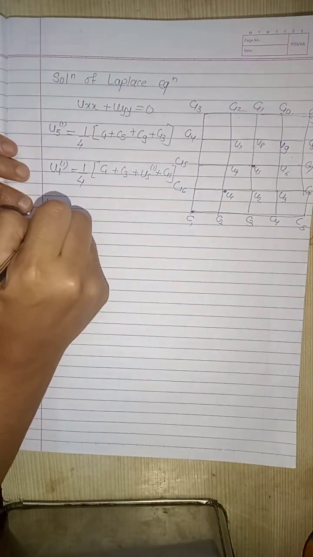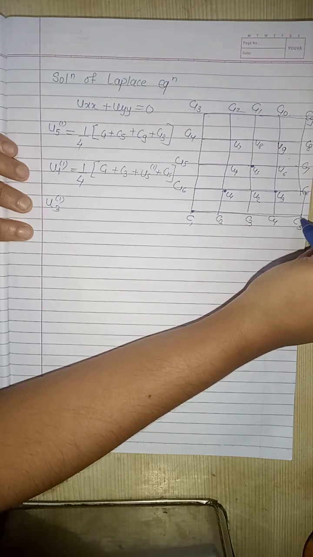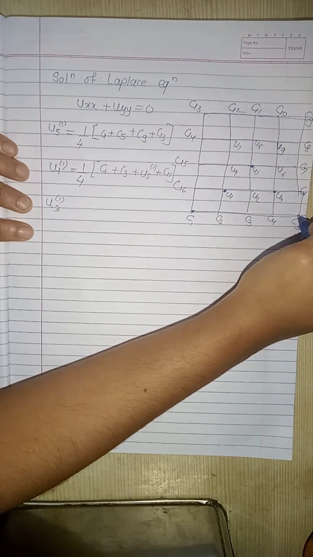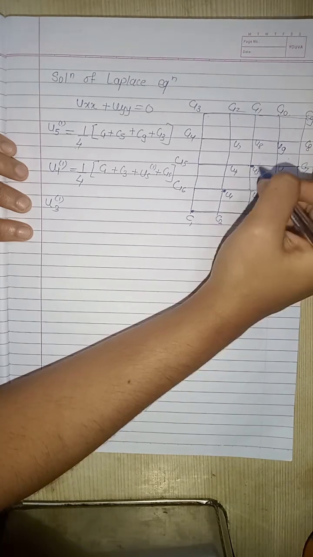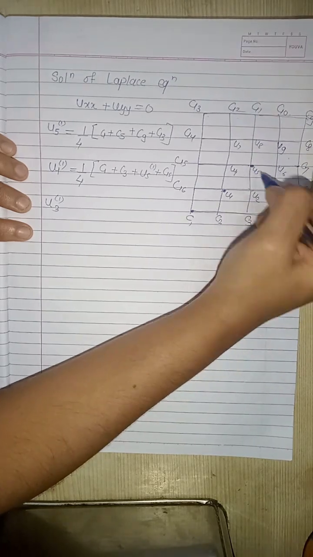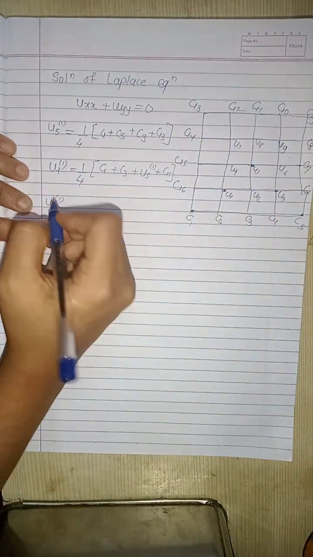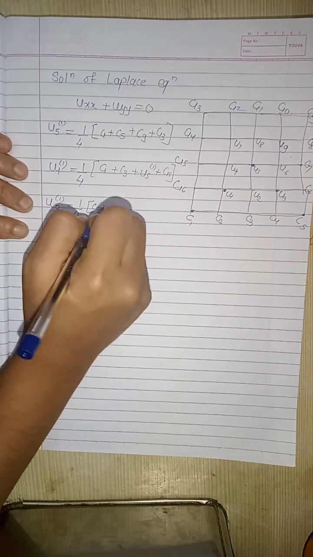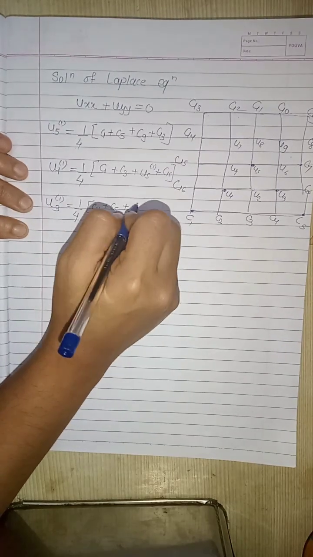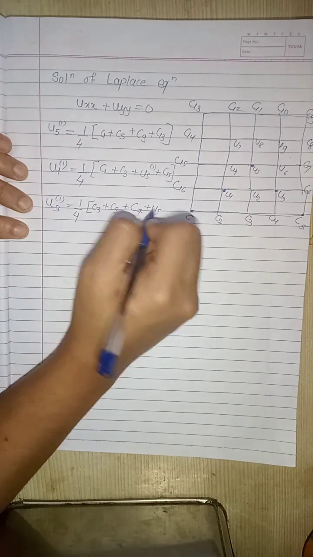Similarly it goes for u3. So u3 is over here, so the extreme diagonal point is c5, and you have to maintain the distance, so you have to take c5, c7, then u5^(1) and then c3. So u3^(1) is the average of c3, c5, c7 and the last one is u5^(1).